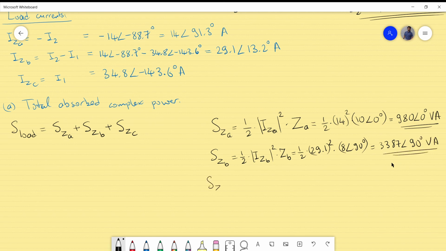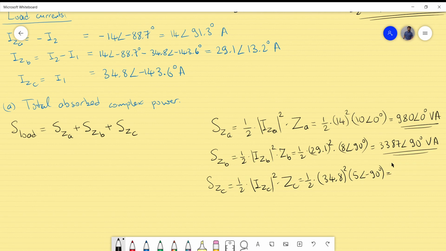For the last one, S_ZC will be a half times the amplitude of the load current of ZC squared times ZC, which is a half times the current 34.8 squared times, it was minus j5 for ZC, which is 5 phase minus 90 degrees.